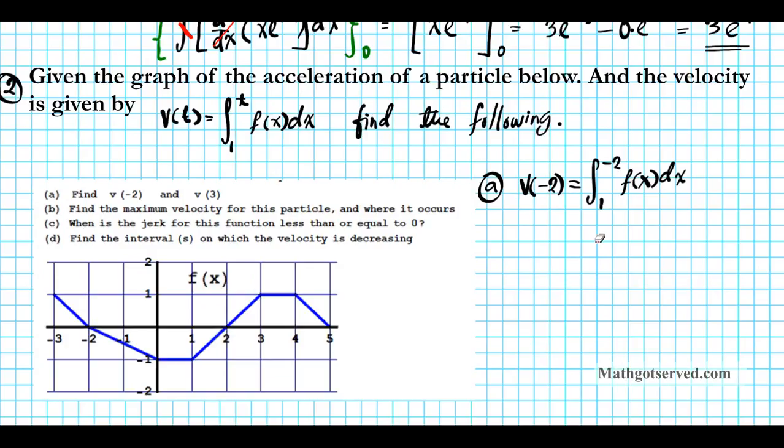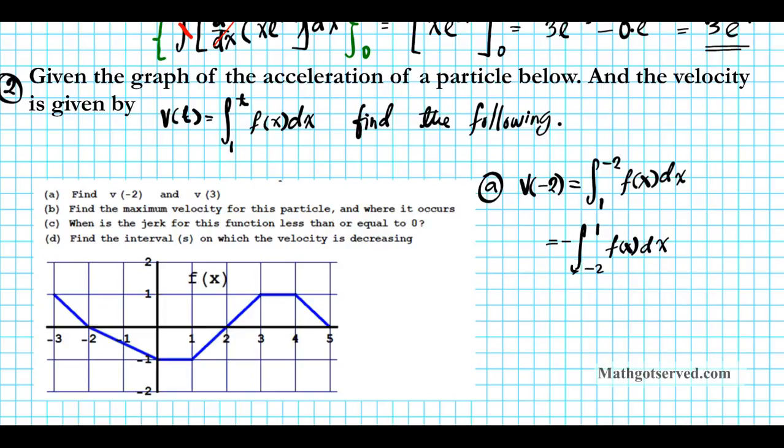The answer is absolutely, we can. So let's go ahead and do that. We can write this as negative of the integral from -2 to 1 of f of x dx. So we're looking at the area underneath the curve from -2 all the way to +1.